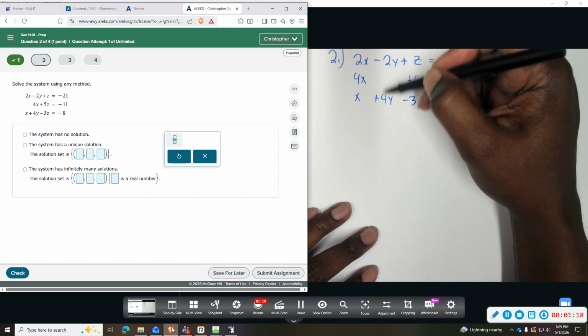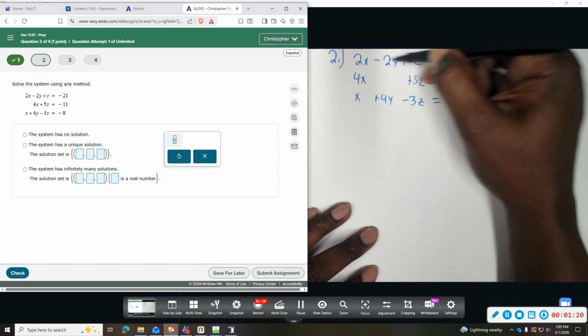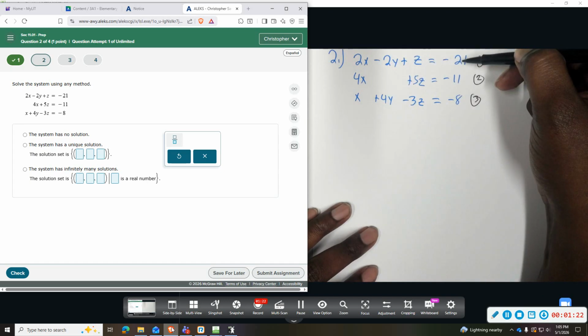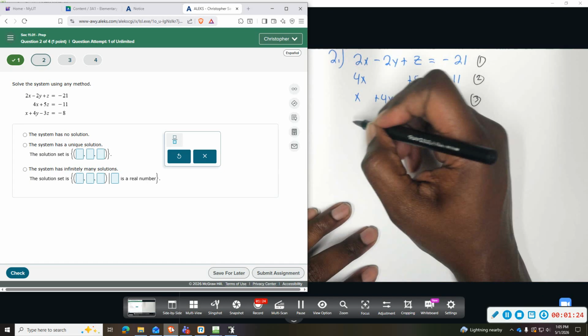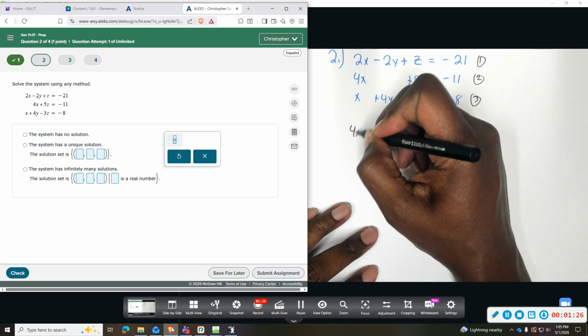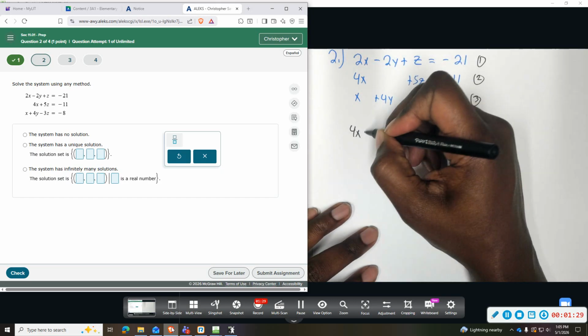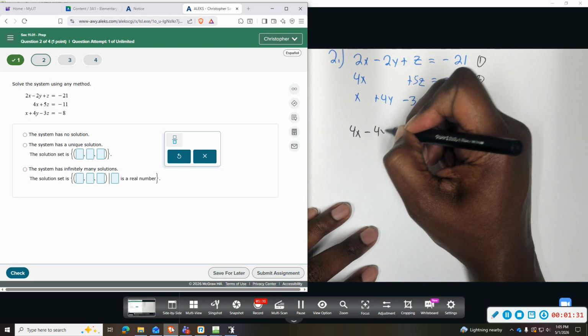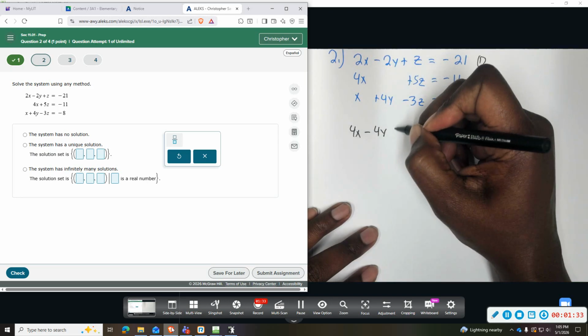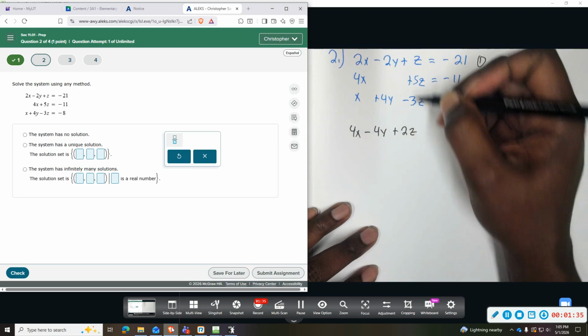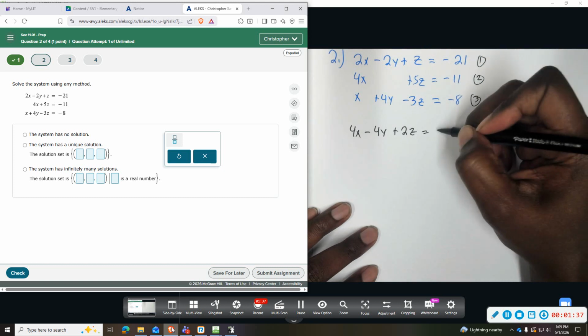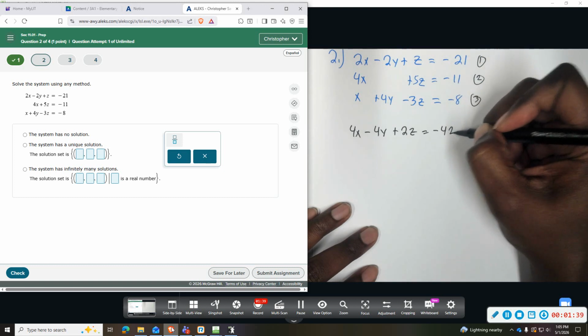They're already opposite signs. I just need to multiply by 2. So I'm going to multiply this equation by 2. Doing so will give me 4x minus 4y plus 2z equals negative 42.